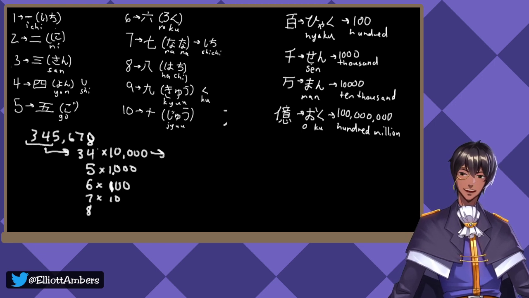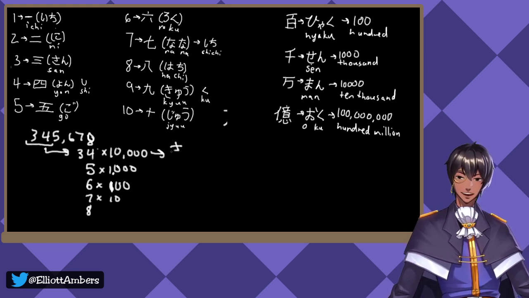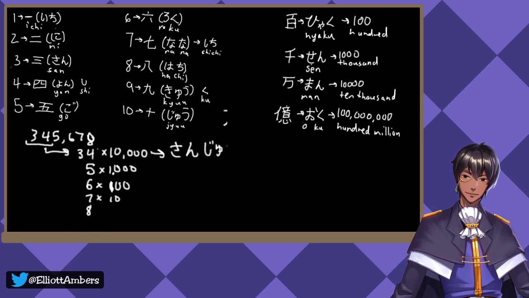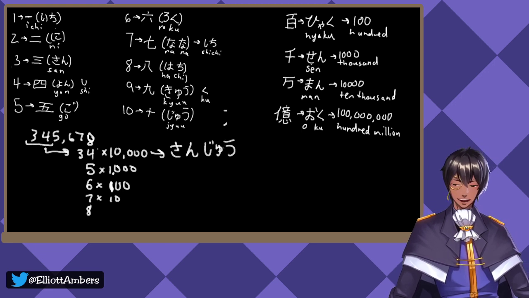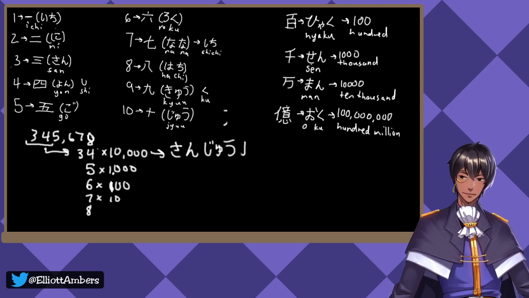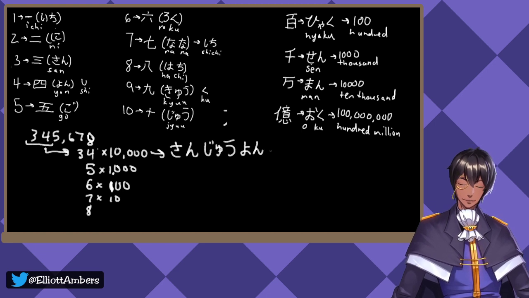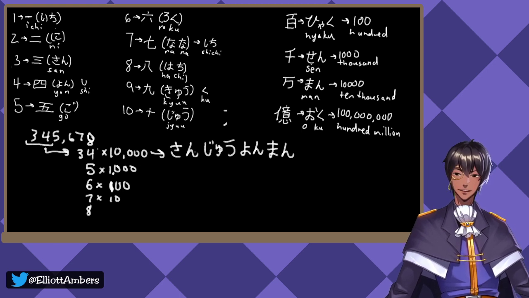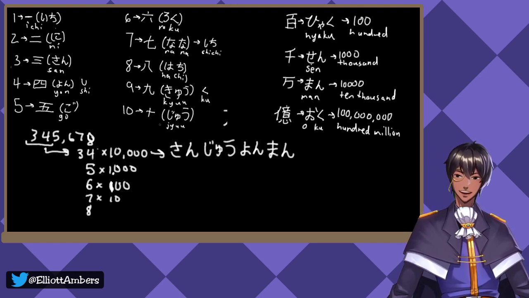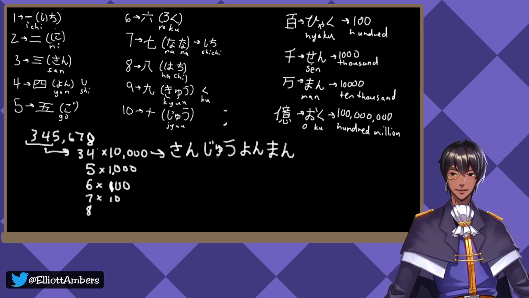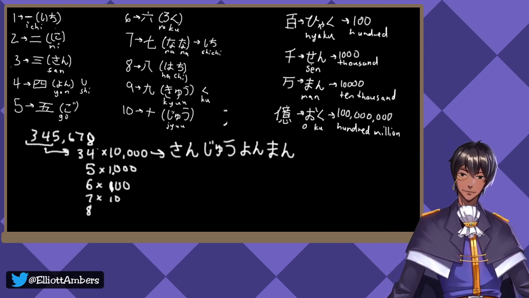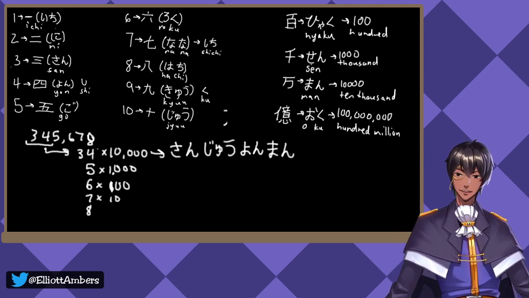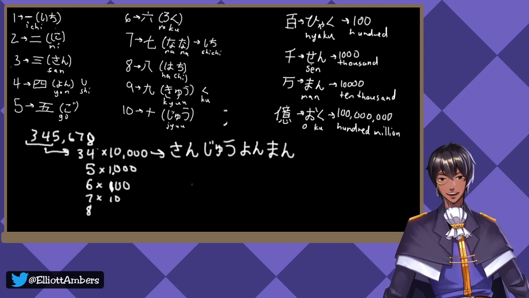To say 34 times 10,000, we would say sanjuyon man. See how it's just taking those characters from each of them? San being 3, ju being 10, sanju being 30, sanjuyon, 30 and 4 is 34. Sanjuyon man means 34 times 10,000, or 340,000.